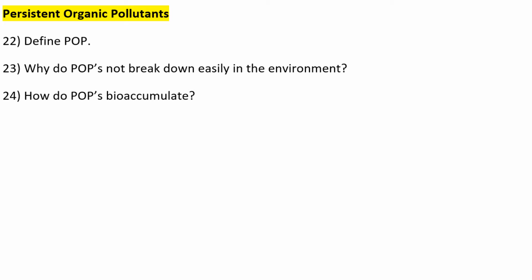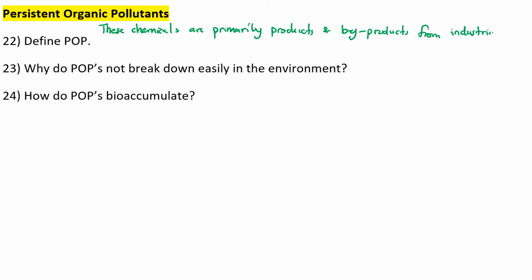Define POP, or persistent organic pollutants. These are chemicals that are primarily products and byproducts from industrial processes.